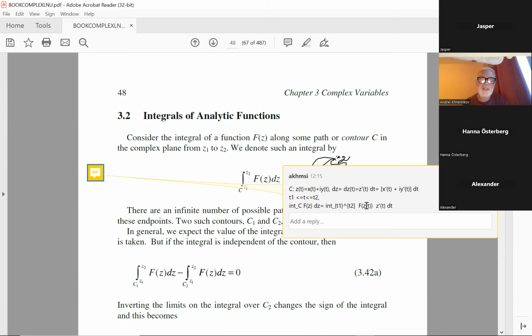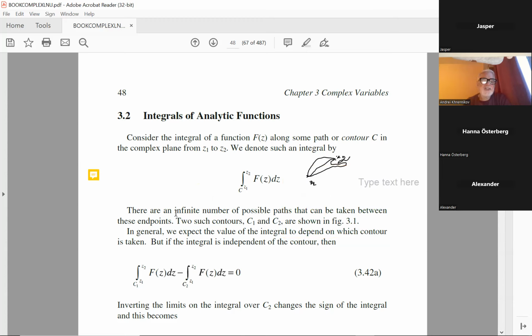We put z(t), our curve, in f, and instead of dz, we write z prime dt. The trajectory should first be parameterized, you should put some parameterization, and then you can define the integral from z1 to z2.